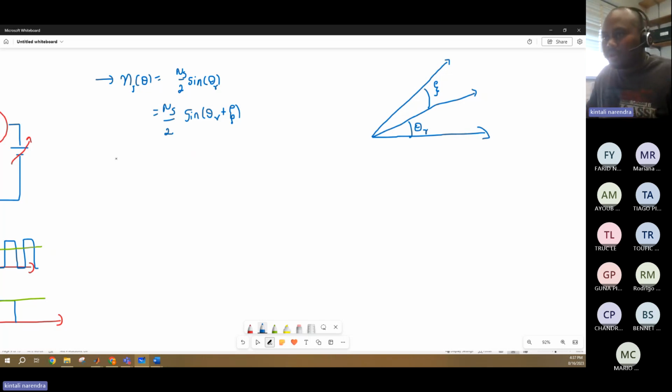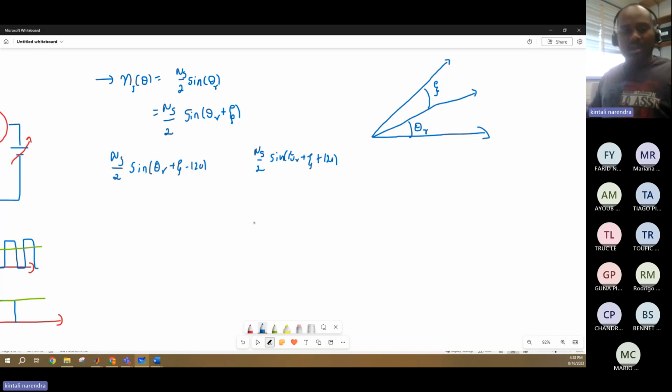So for example, if you have phase A, B, and C, for phase A it is Ns by 2 sine of theta r plus zeta, and for the next phase minus 120, and for the other Ns by 2 sine of theta r plus zeta plus 120. Considering all the phases, we have three different phases and three different windings.